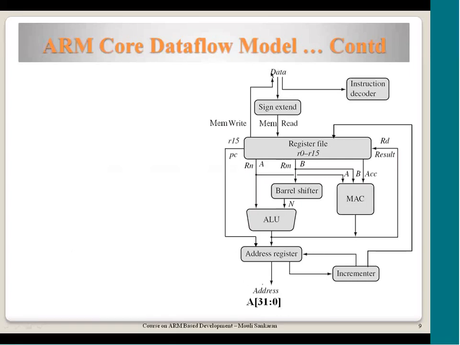Now if you recall, ARM7TDMI, which we are talking about now, is a von Neumann architecture. That means both instructions and data come from the same memory. So here data as well as instructions come into the processor through this line.